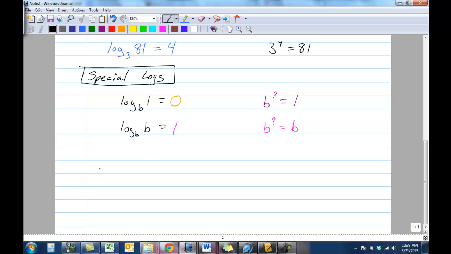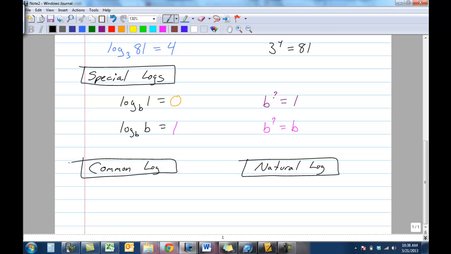There's two more. These are kind of important special logs we need to know too. Common log and natural log. Common log is going to look like log of x.